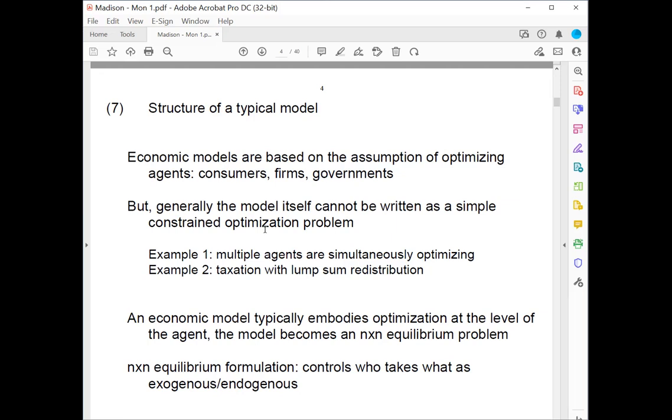So households optimize their preferences with respect to a budget constraint, and that yields demand functions, which become one of those things. So the optimization is built in at the level of that agent. And the same thing for firms. They're minimizing cost or maximizing profits subject to their technology or other constraints that they face. And so then you get supply functions, cost functions that embody that optimization at the individual level.